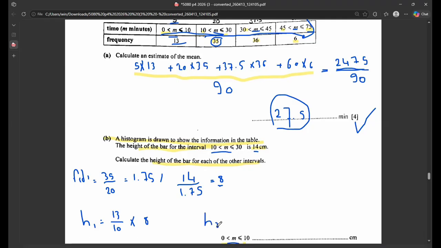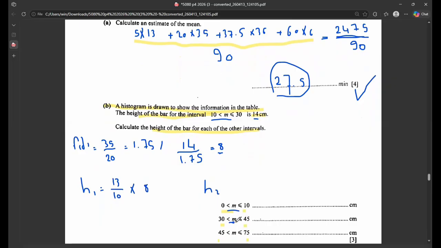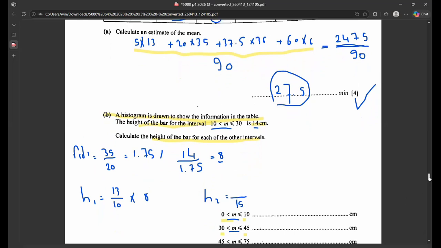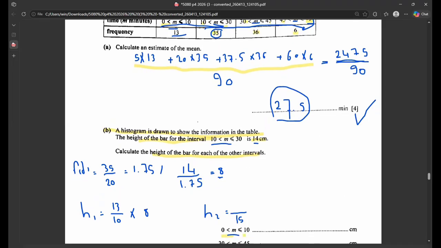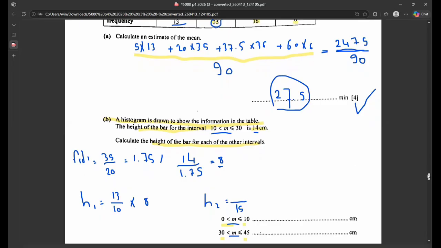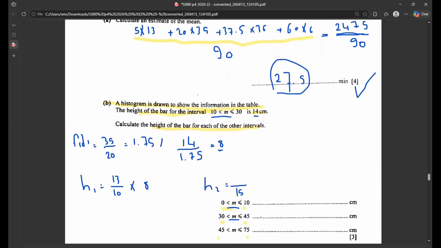And H2, the second height, the class interval is 15, so dividing by 15, and the frequency from 30 to 45 is 36.